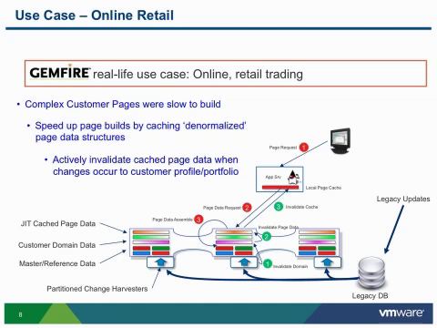So one of the key things about this architecture was that they had these change harvesters going out and looking for updates, running off of triggers in their legacy database. Those triggers would update data inside of GemFire, and using internal GemFire mechanisms, an update to a customer record or customer portfolio would automatically cause an invalidation of any cached data that was built on top of that domain data.